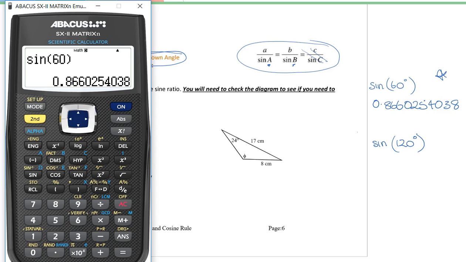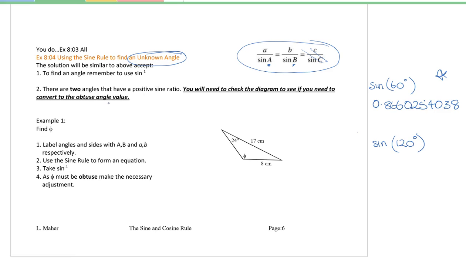Now, if I also asked the calculator for the sine of 120, close the bracket, you can see it's that exact same number. So it's exactly the same as that.